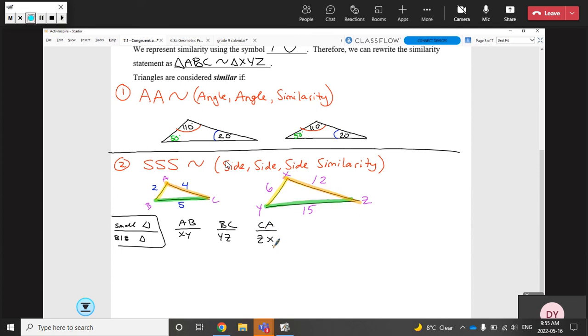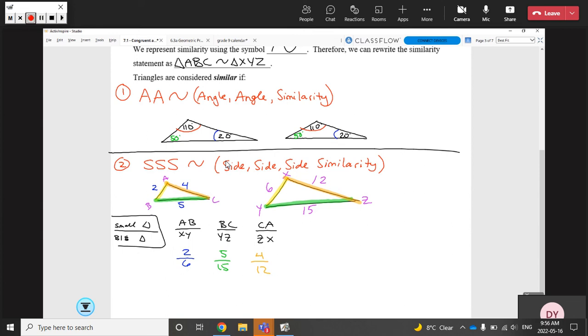So if we go ahead and fill in these blanks, let's see what we get here. We get AB is really 2, XY is really 6. So BC is green, so let's pull out green. We'll say this is 5 over 15. And the orange one, we got 4 over 12.